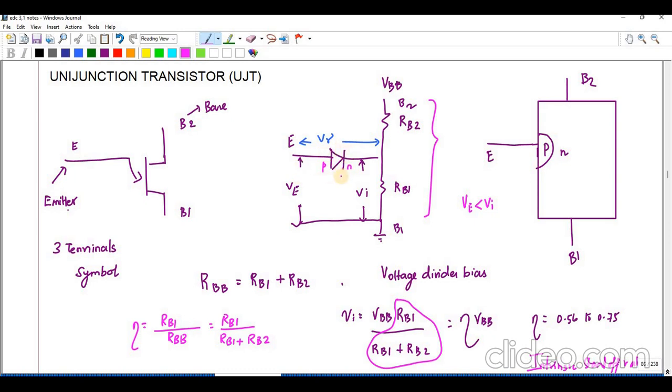To turn on the UJT you have to apply a voltage called VP, so I am going to make VE more and more positive.